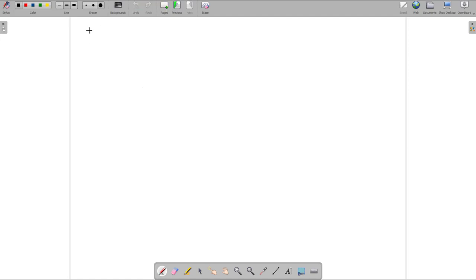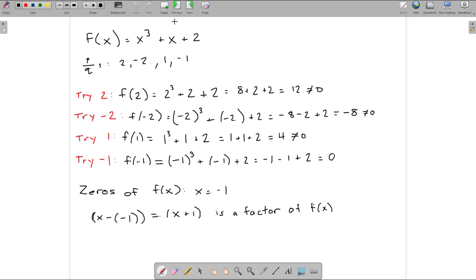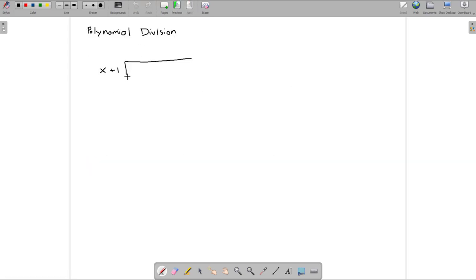So let's first do polynomial division. Because remember, this is the one that you have to know how to do. Polynomial division for the final. Let's do x plus 1 on the outside, and then our f of x here, x cubed plus x plus 2.